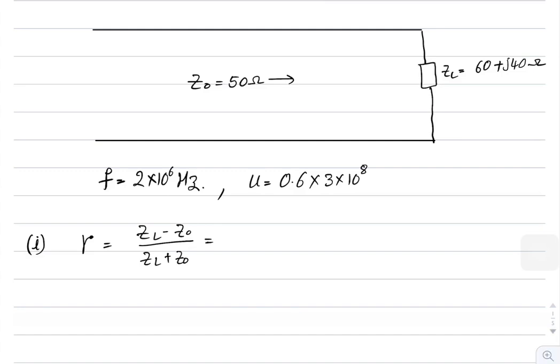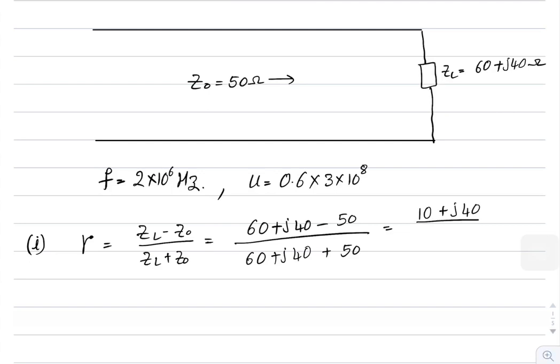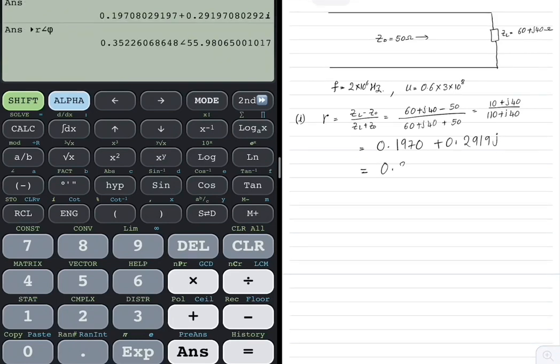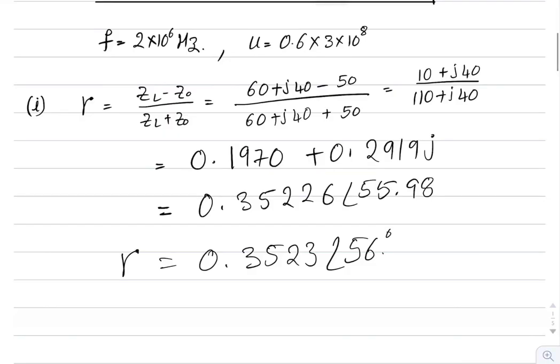Since we know the value of ZL and Z0, that is (60 plus j times 40 minus 50) ohms by (60 plus j times 40 plus 50), that is equal to (10 plus j times 40) by (110 plus j times 40), that is equal to 0.1970 plus 0.2919 j, equal to 0.3523 angle 56 degrees. So the required reflection coefficient is 0.3523 angle 56 degrees.